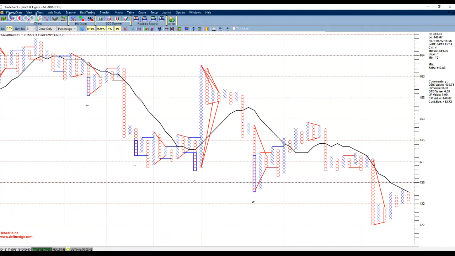So for instance, here we had a bull trap pattern, wherein you got a buy signal immediately followed by a sell signal. So the secondary sell signal that you get here will be your classic follow through signal.